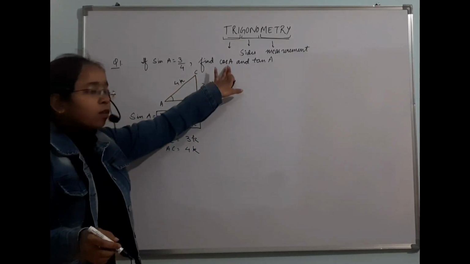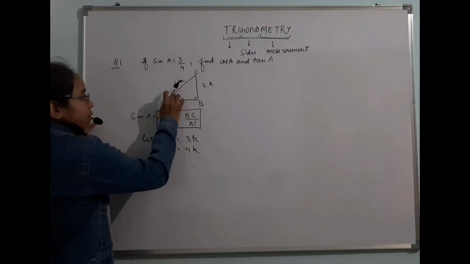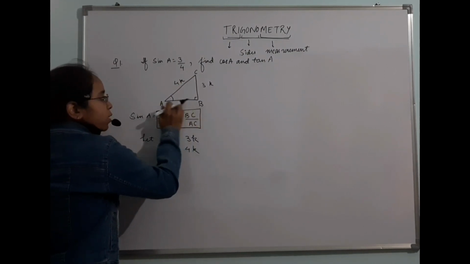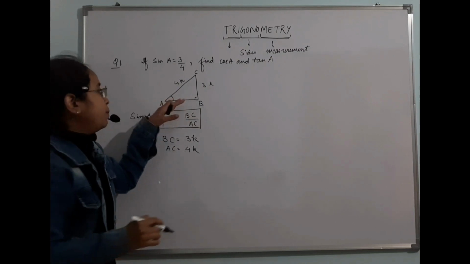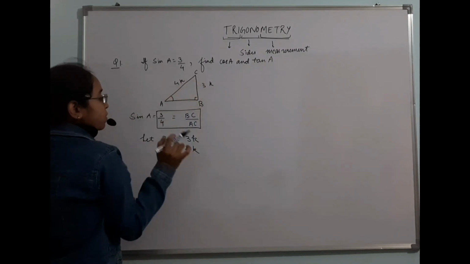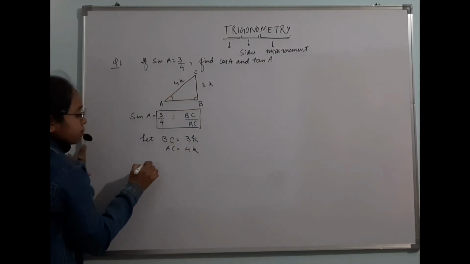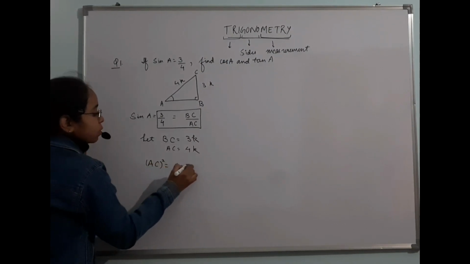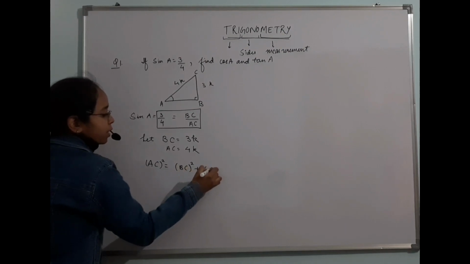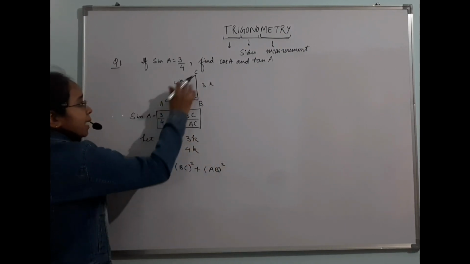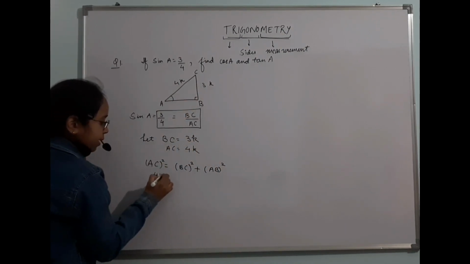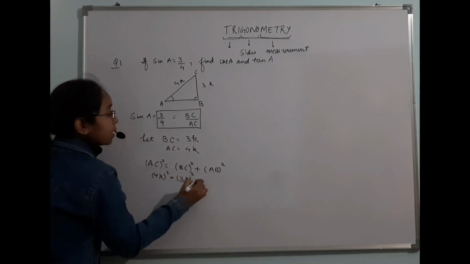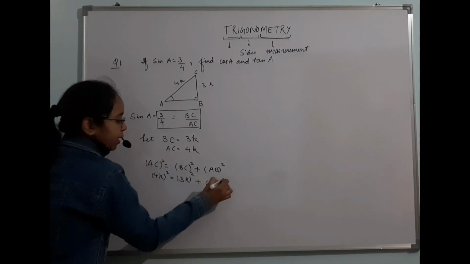And we have to find cos A. So for cos A, we should have base upon hypotenuse. So first we are required to find the measurement of side AB. We can easily find the measurement of side AB using Pythagoras theorem. Square of hypotenuse is equal to sum of squares of the other two sides. AC is 4K, so 4K square equals BC is 3K, 3K square, plus AB square. We have to find AB.